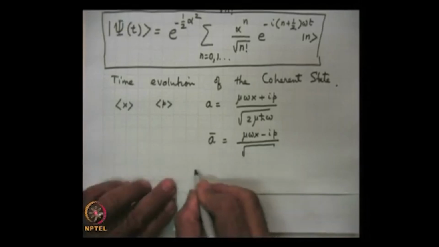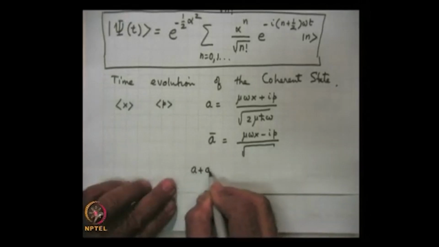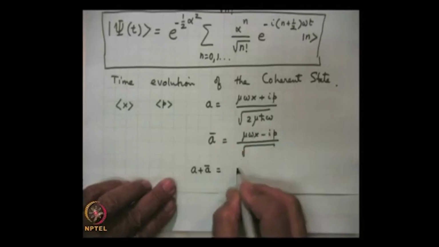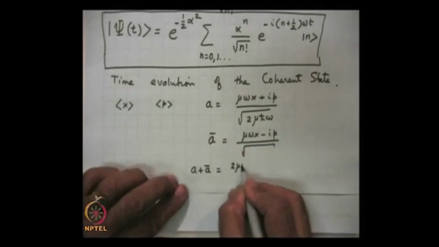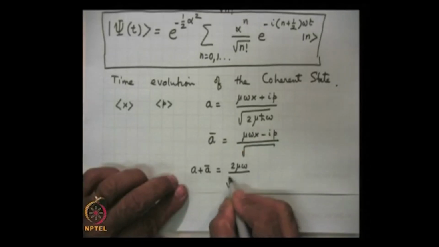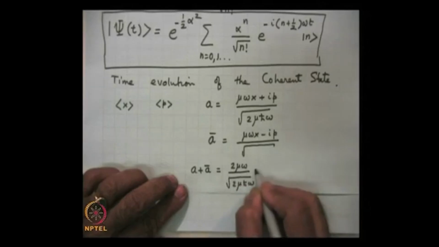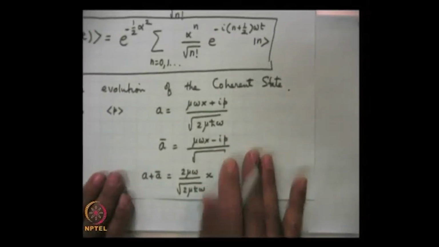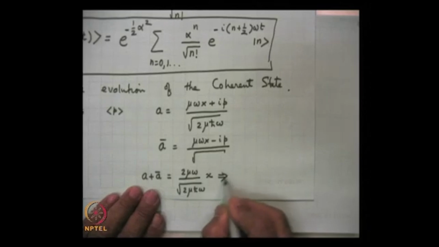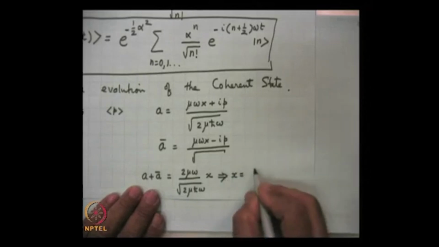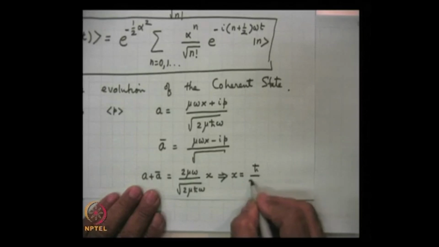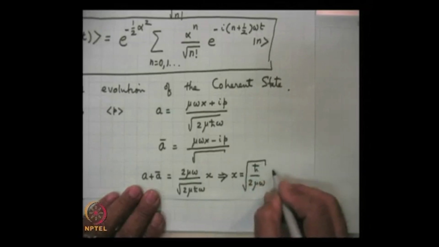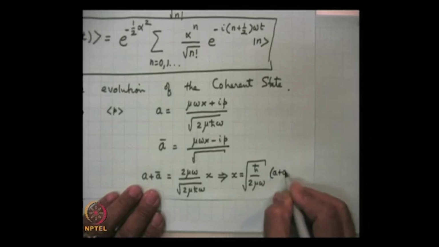So we get A plus A bar equal to 2 mu omega divided by 2 mu h cross omega x. So this tells us that x is equal to h cross by 2 mu omega under the root, A plus A bar.